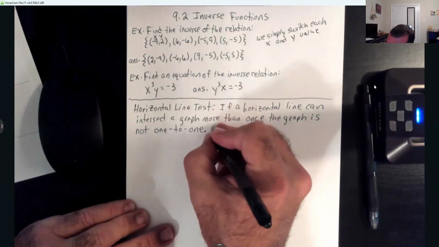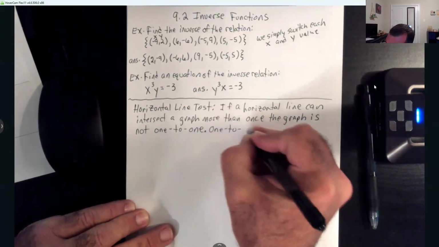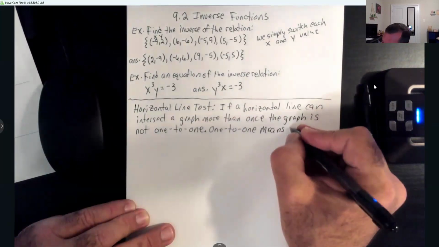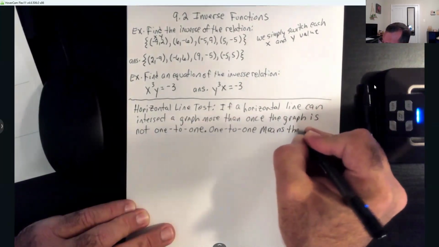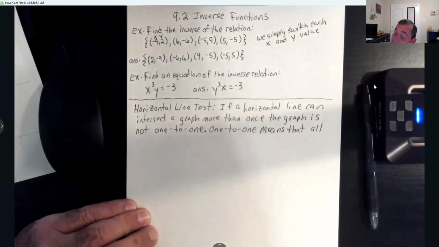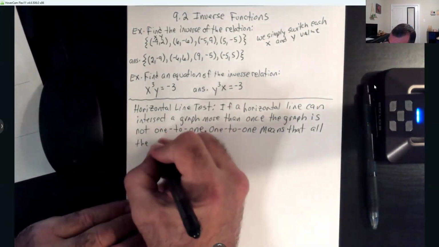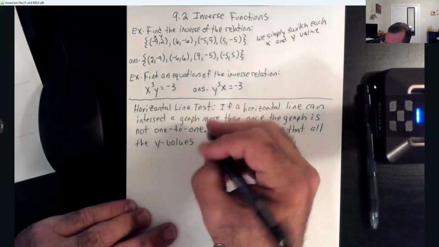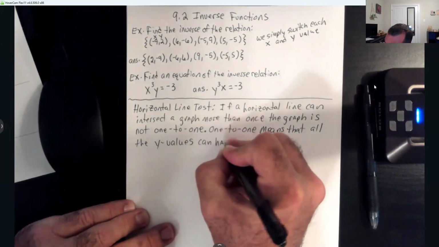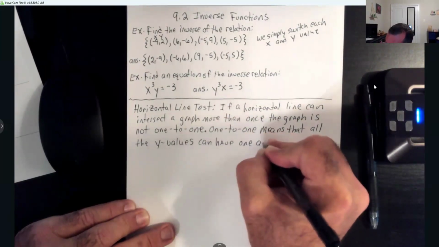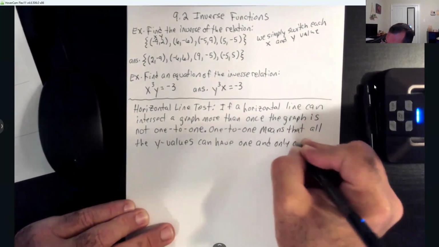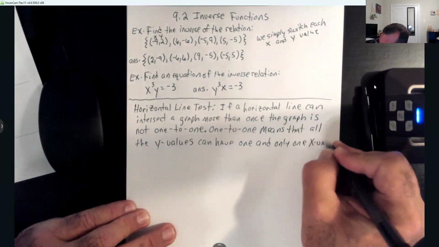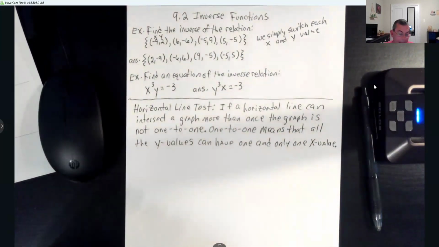And y'all remember, one-to-one means that all the y values can have one and only one x value. Okay?